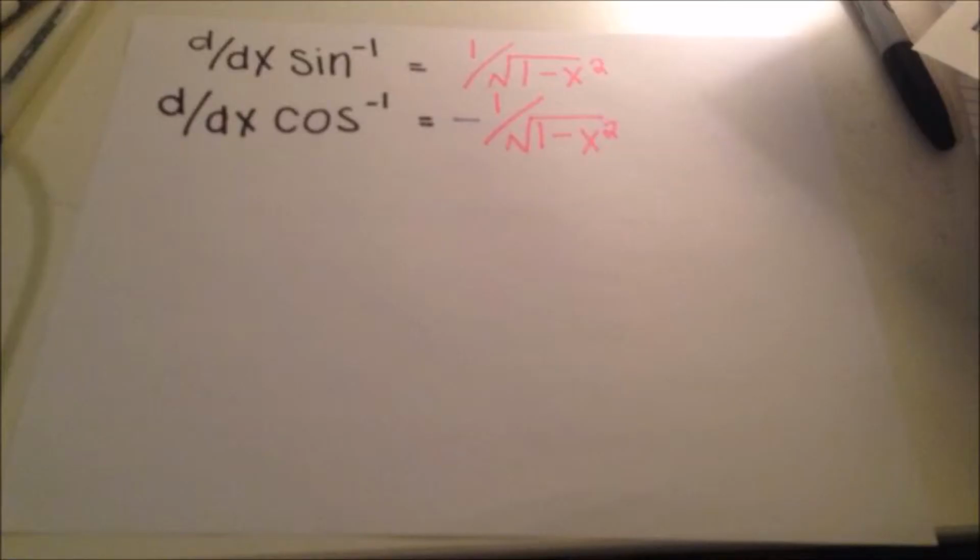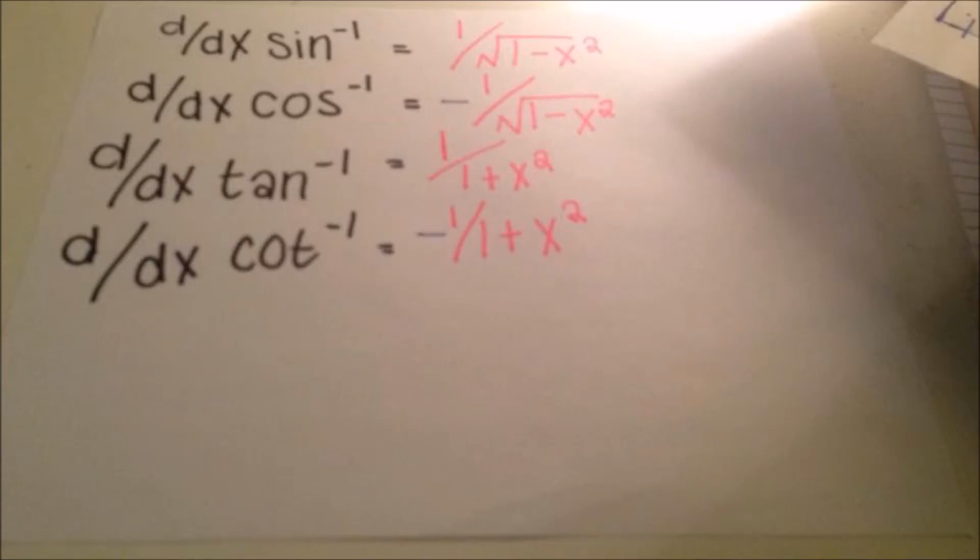Okay, let's run through the basic derivatives of these trig functions. First, going over arcsine and arccosine, they have pretty much the same derivative, except remember that arccosine is the negative version. So remember, cosine is always negative.